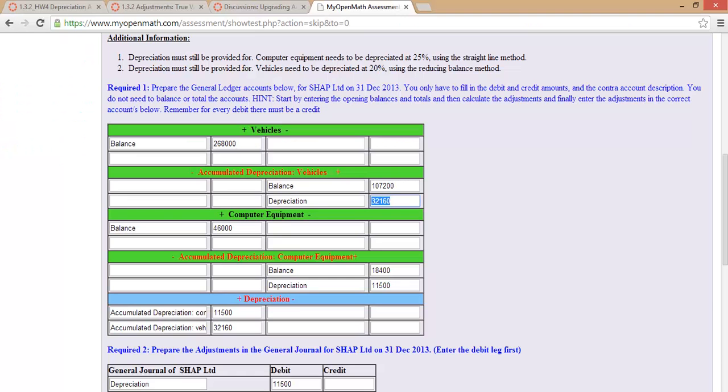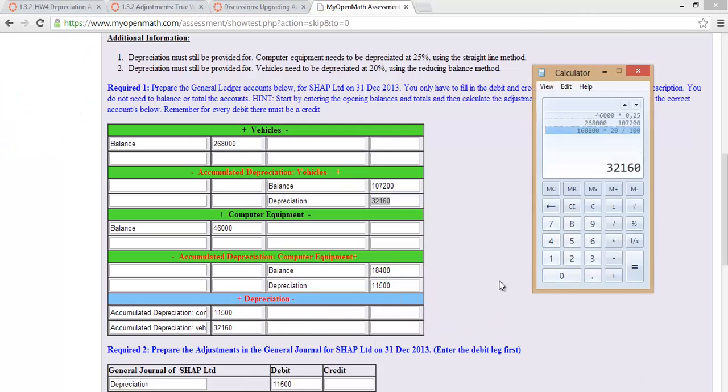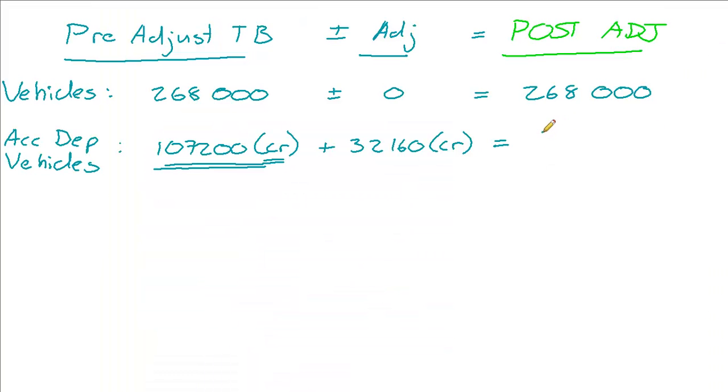My final post adjustment trial balance figure is going to be, let's get a calculator, 107,200 plus 32,160, which is equal to 139,360, also on the credit side. So 139,360 on the credit side of my post adjustment trial balance.